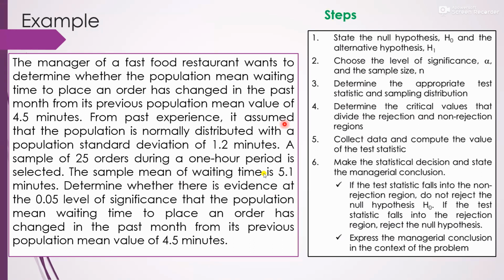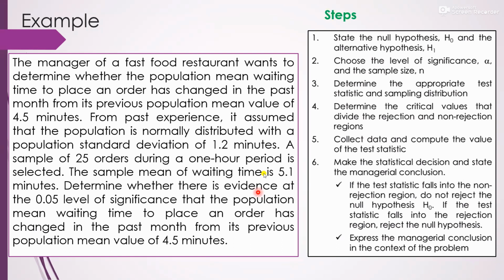The first step, after getting the information regarding the problem, is to state the null hypothesis, H0, and the alternative hypothesis, H1. To formulate them, first you have to identify the parameter involved in this problem.